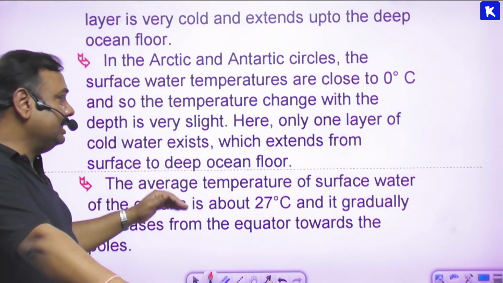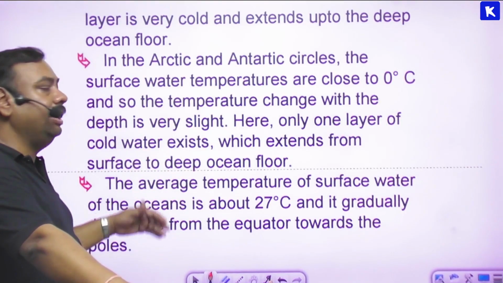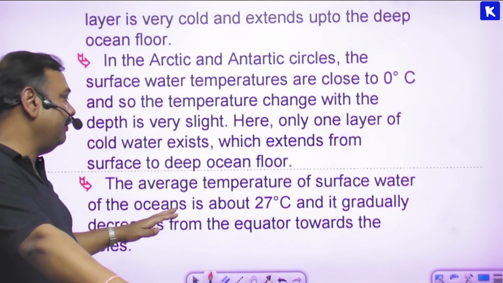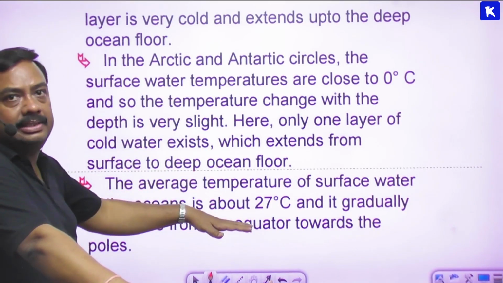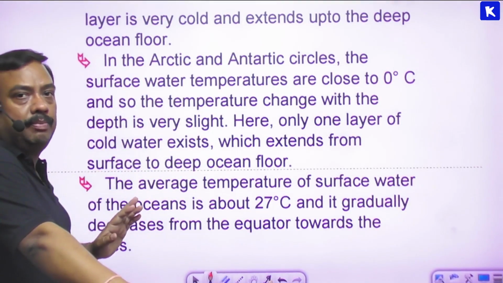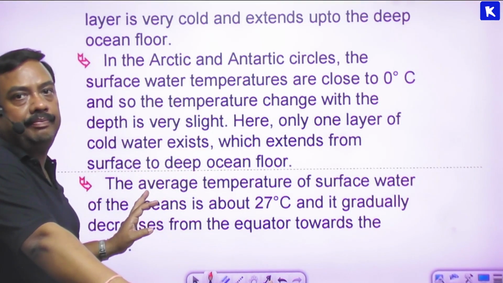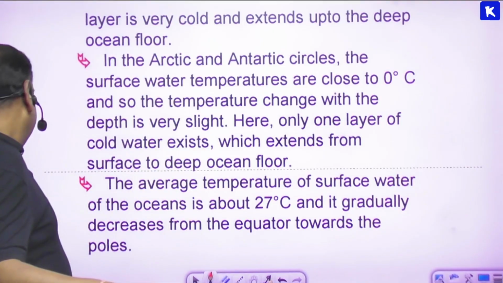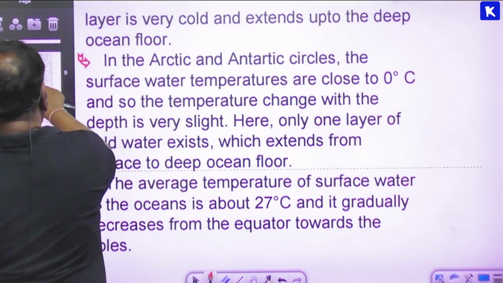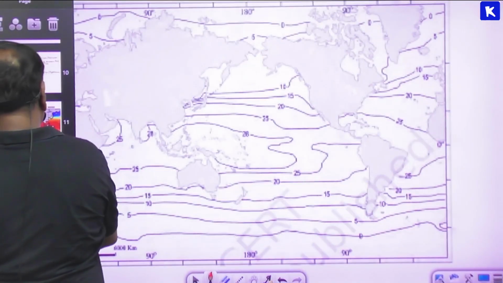And it is said that it gradually decreases from the equator towards the poles. At the surface, the temperature is found 27 degrees Celsius nearby the equator, and then it gradually decreases from the equator towards the poles. That is the meaning of this line. Got it? Okay. Now I am taking here another diagram which is showing the horizontal distribution of temperature. So here you have to consider this diagram.